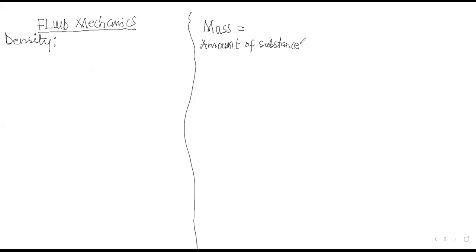All substances are made of particles. So when we talk about the amount of substance, we are referring to the number of particles that come together to make the thing up. So mass is about the number of particles within a given volume.